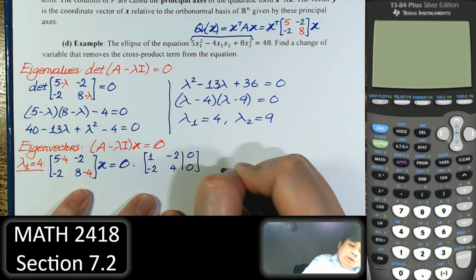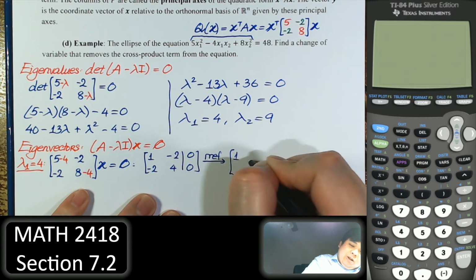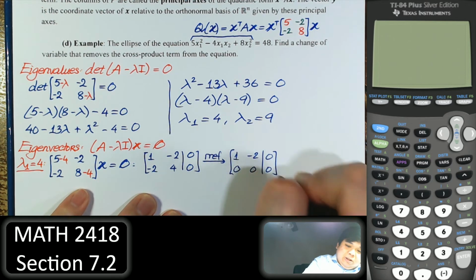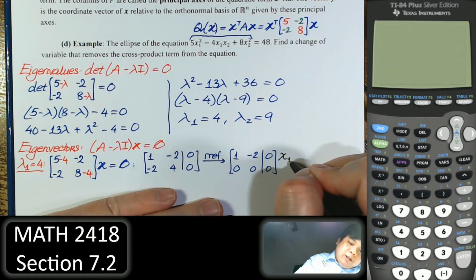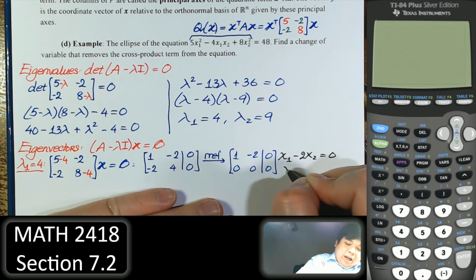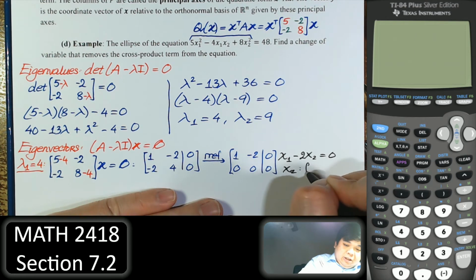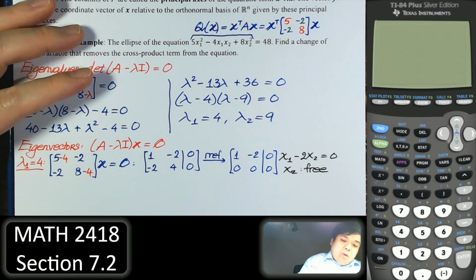Right. Don't need a calculator for this. Reduce to echelon form, it will be just 1, negative 2, 0, 0, 0, 0. So x1 minus 2 x2 equal to 0, and x2 is free.